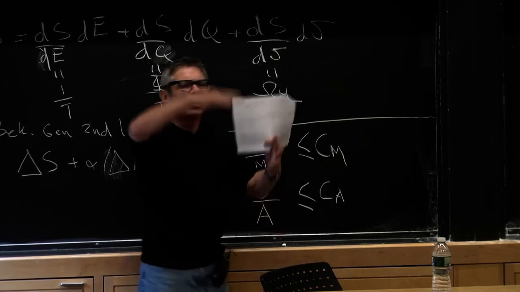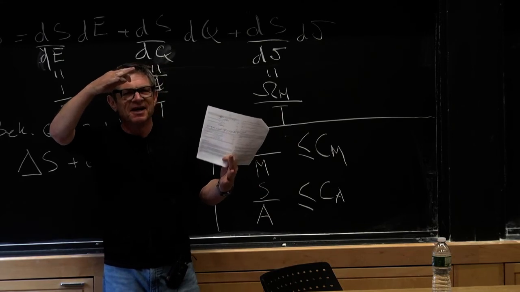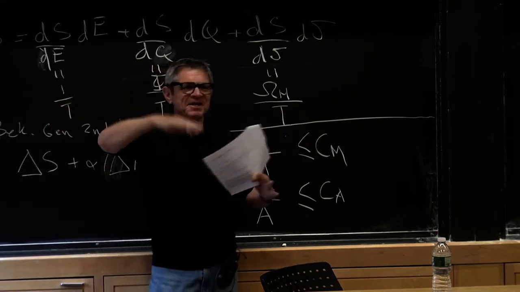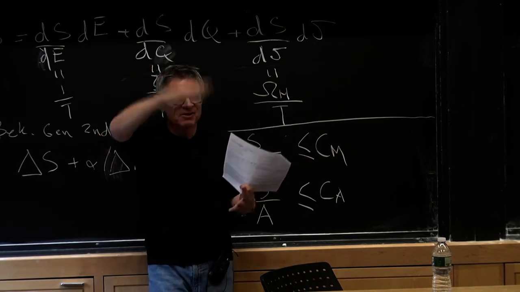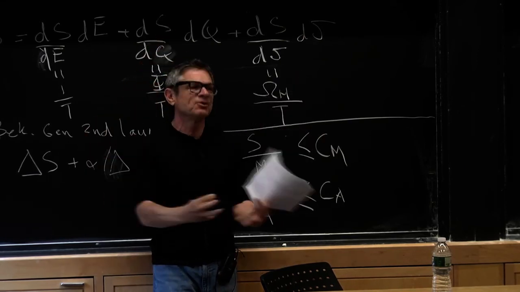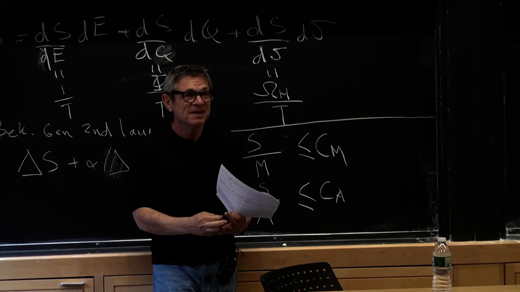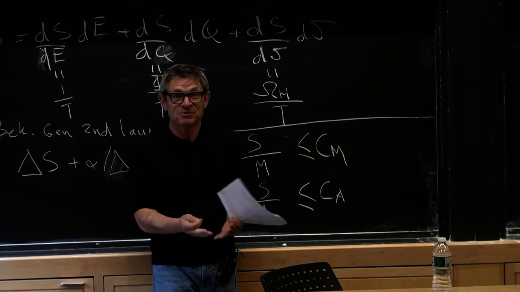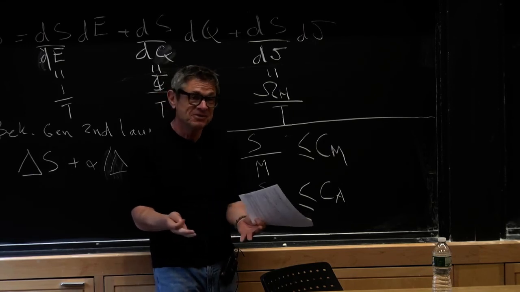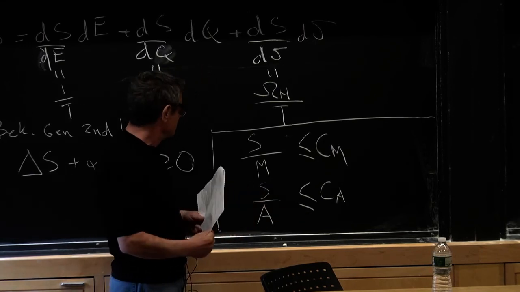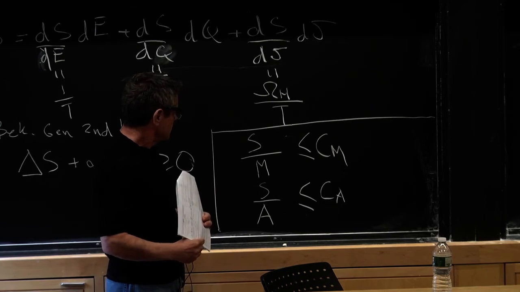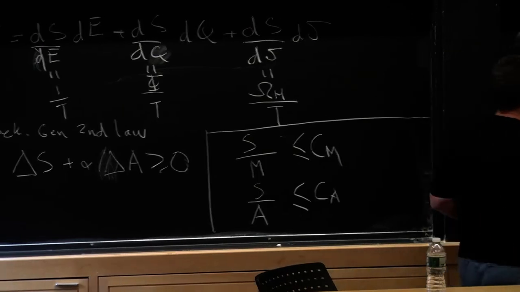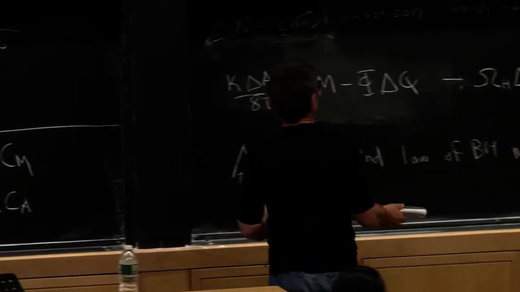Because if that's larger than this alpha times A, then you could take your configuration with the very large energy, collapse the whole thing into a black hole, and again you would violate the second law. Because once you collapse it into a black hole, it's gone from the universe, and that would violate the second law.